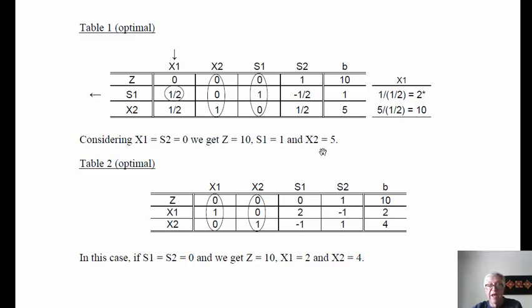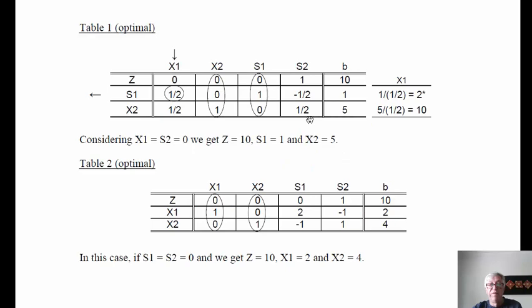Again, this is also an optimal table because there are no negative coefficients here in the non-basic variables. We still have a 0 here. Okay, so we have these two solutions. And the two are valid solutions because they have the same value of z, and they don't violate the restrictions. So let's see graphically what happens.